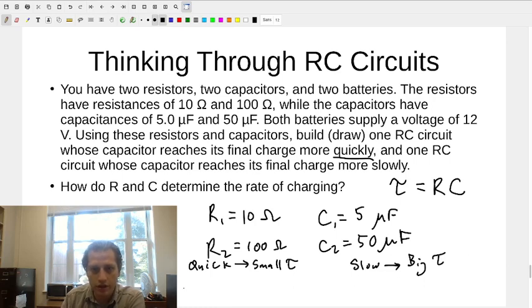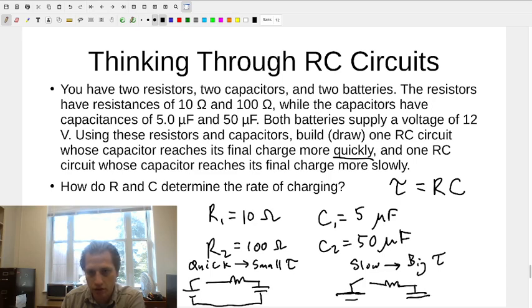Okay, so the RC circuit looks like a battery, and then a switch, and then a resistor, and a capacitor. Battery, switch, resistor, capacitor. In the first case, if you want a small time constant, you would want a small resistance and a small capacitance.